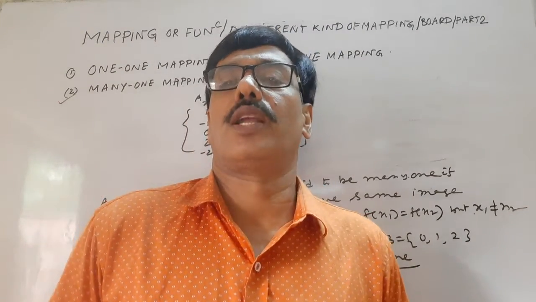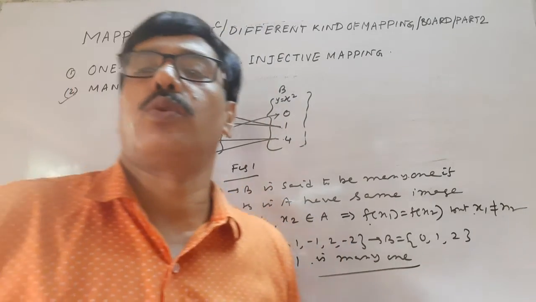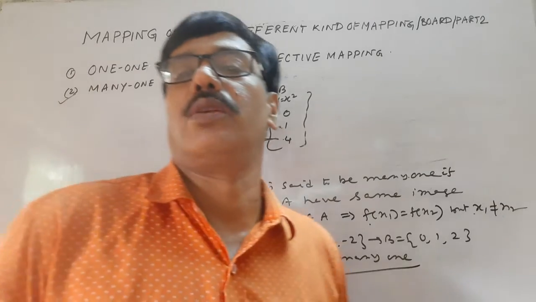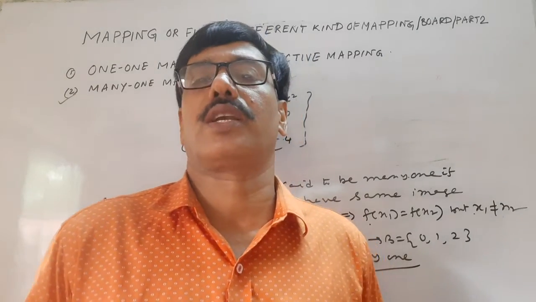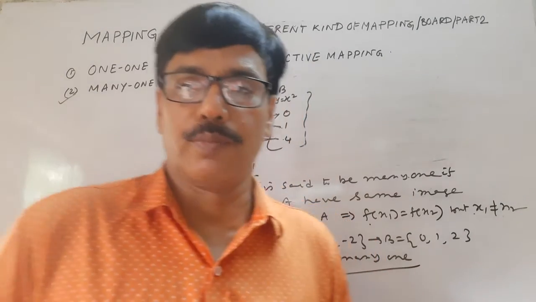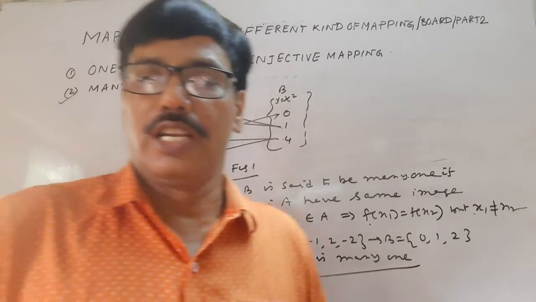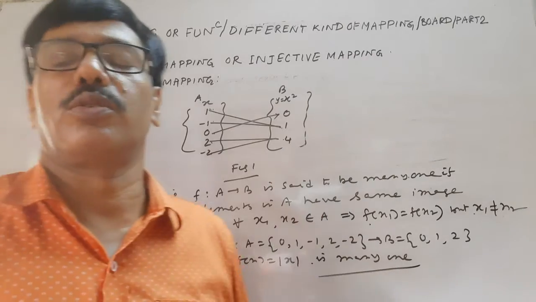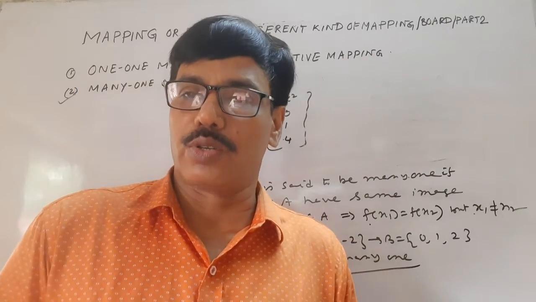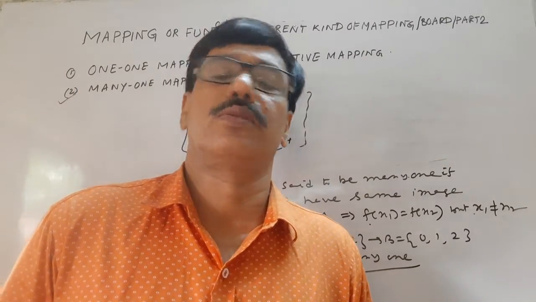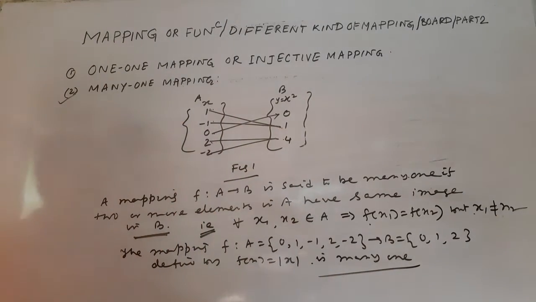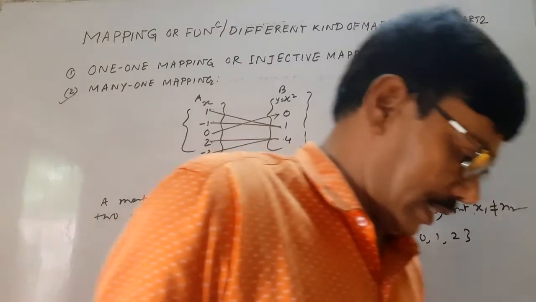Suppose even powers x square, x4, they are many-one. Modulus is many-one. Sin x, cos x in the full domain. Suppose f(x) equals sin x in 0 to 2 pi, then f(0) equals 0, f(pi) also 0. So this is the definition of a many-one function.